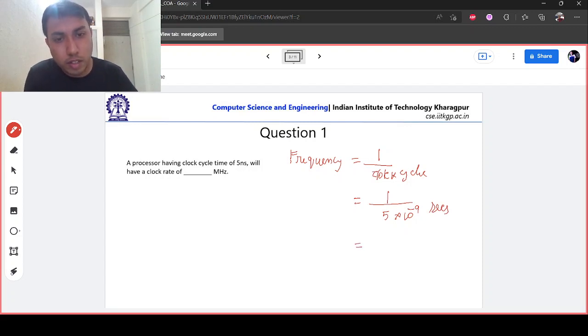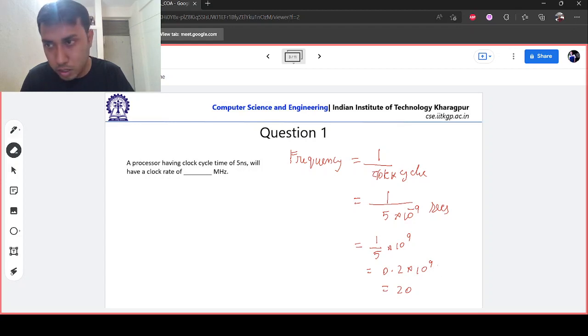So it will be 1 by 5 into 10 to the power minus 9, which is basically 0.2 into 10 to the power 9, which will be, sorry, not seconds, it will be hertz. It will be 200 megahertz.